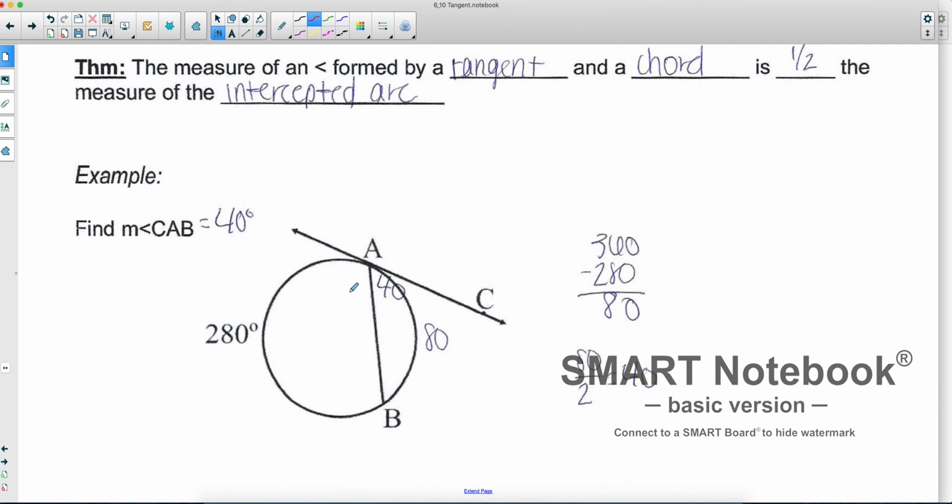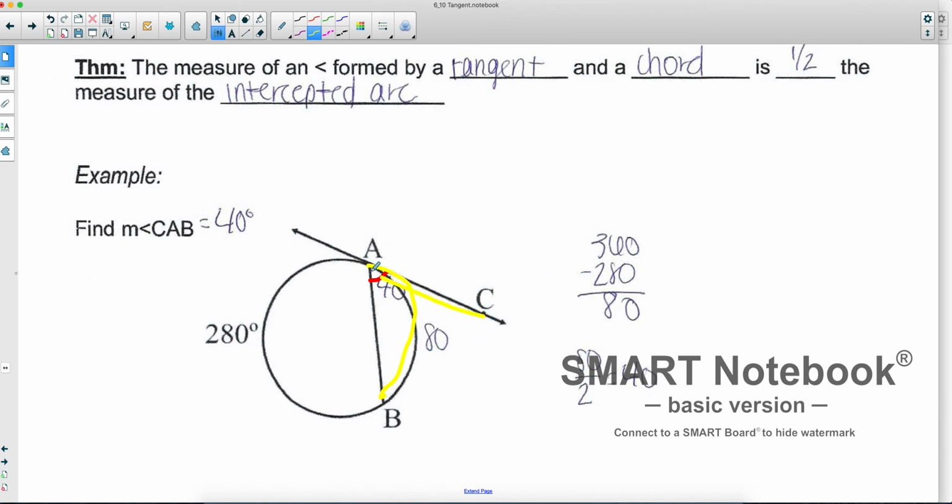Okay. And here is just another example to show you how to find the angle with a tangent and a chord. Here we gave you that this arc is 280, and you had to find the measure of angle CAB, so this angle right here. If this is 280, I know that this arc over here, minor arc from A to B, is 80, because the whole circle is 360, and 360 minus 280 is 80.